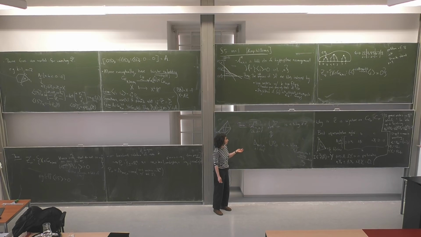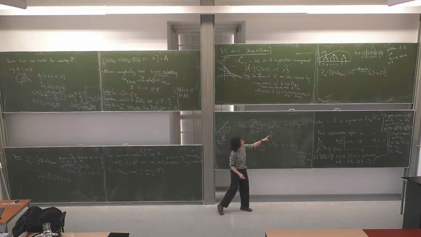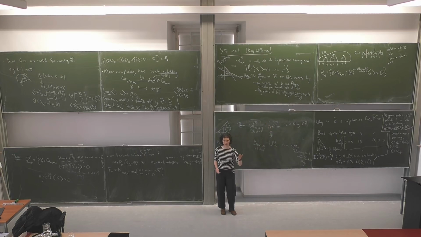Actually, we don't really understand geometrically why this relationship is true at all, except what we can say is that these polytopes have some facets. Some of them are on the boundary of the hypersimplex, some of them are not. The facets of P sigma that are inside of the hypersimplex are in bijection with the facets of this tile that live on the inside of the amplituhedron.